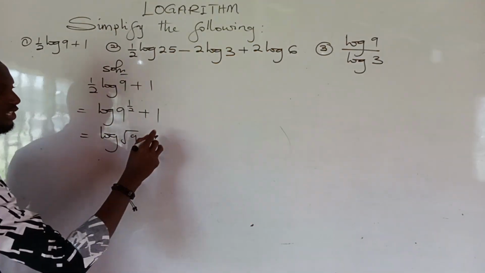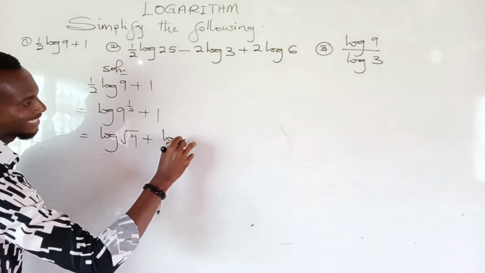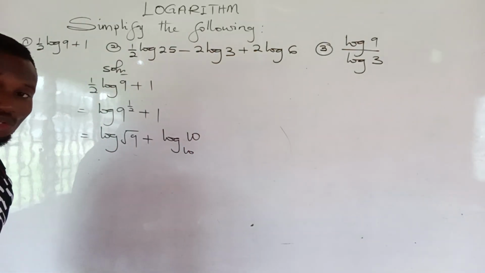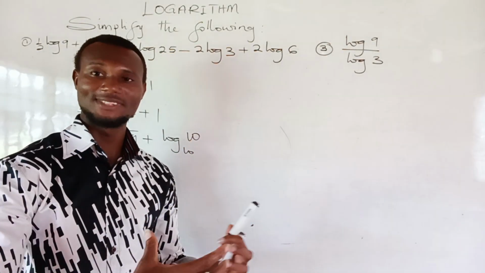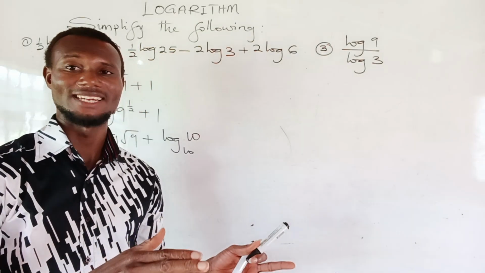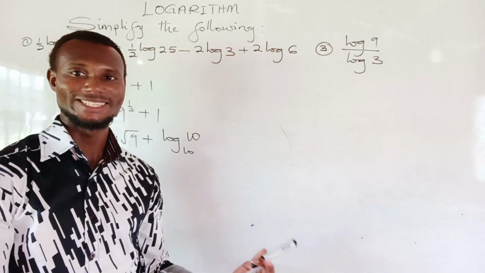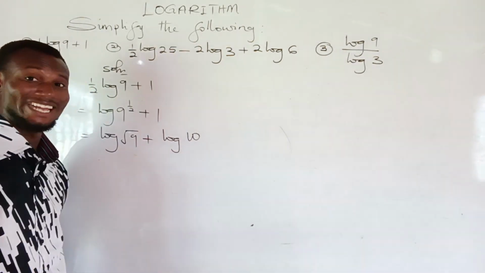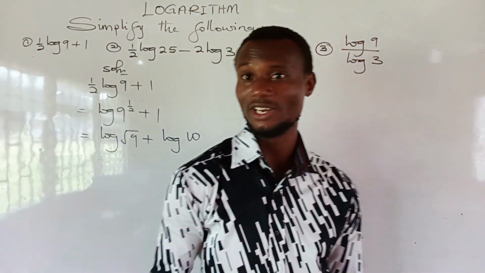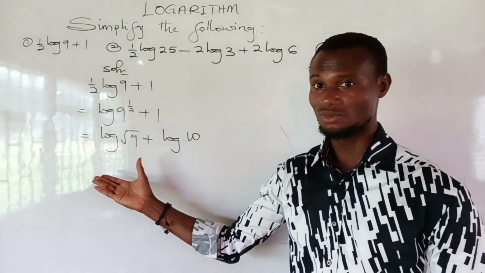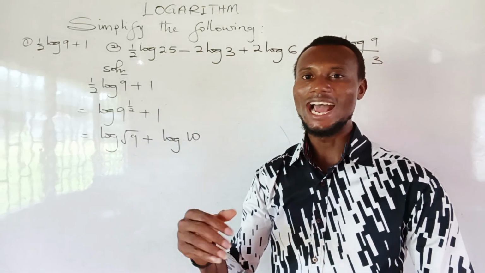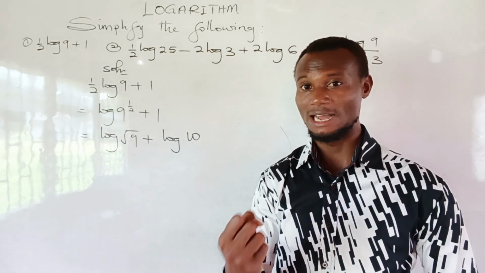So I'm going to write this one as log 10 to the base 10. But I've said that if the base is 10, there's no need writing the 10. So I can choose to remove this 10 from there and it's the same thing, so that it doesn't confuse you. It becomes similar to this so that I can easily work with it. I hope the explanation is clear enough up to this point.